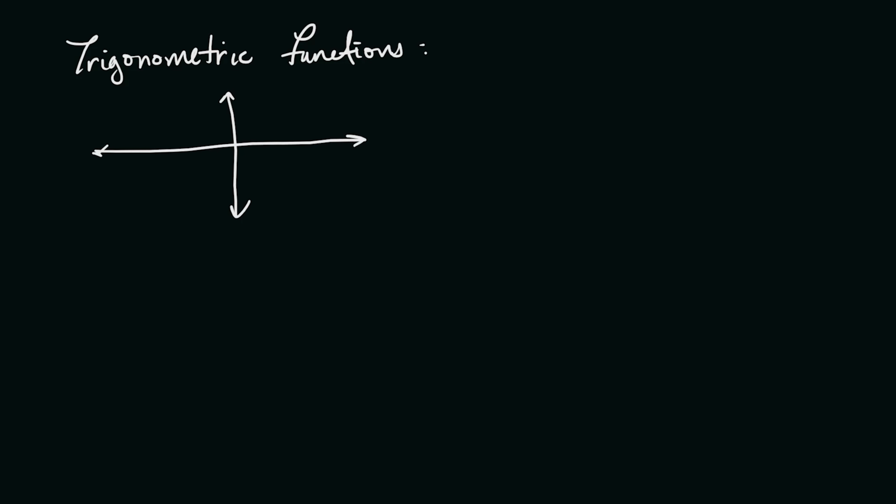Now remember, for this, we don't really use plain numbers. We mainly use pi, right? Pi over 2, pi, and then 3 pi over 2. So this is our sine function. This is sine of x. y equals sine of x.